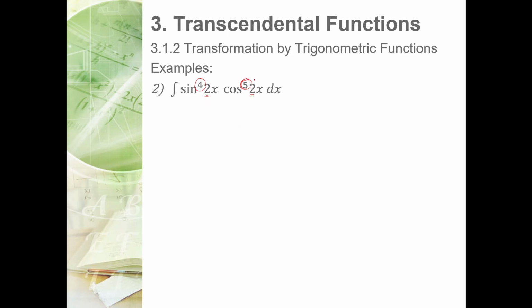Okay, so this time, since the cosine function now has an odd exponent, again we need to factor out cosine x outside the equation for it to become cosine x dx.